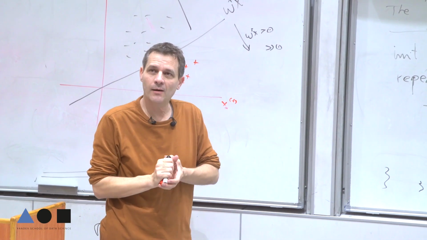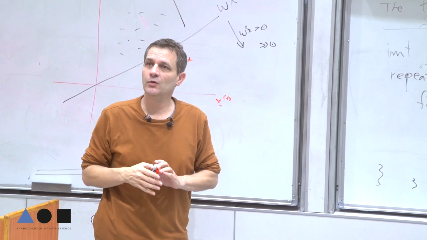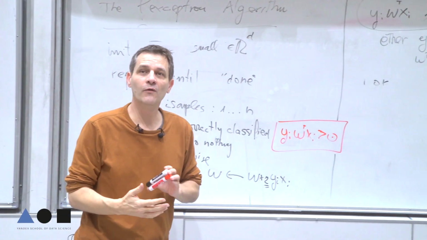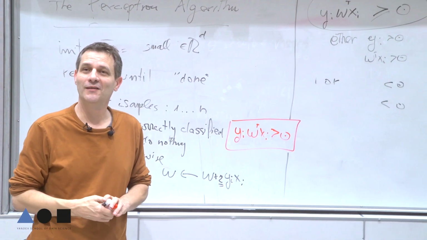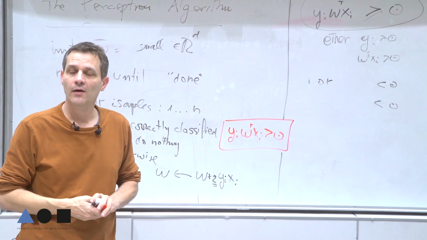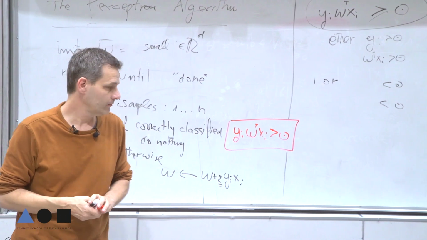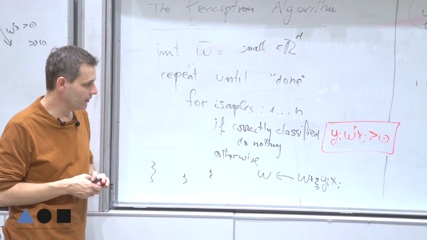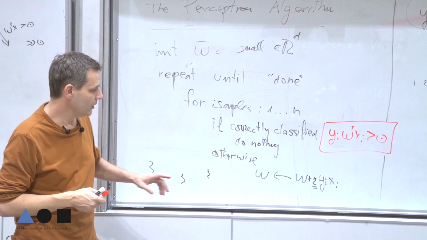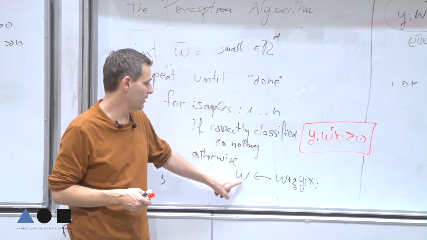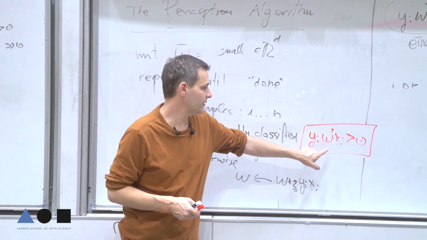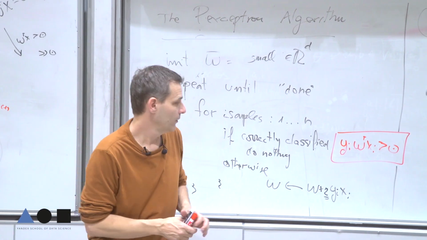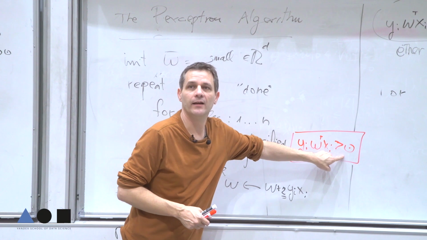Actually, there is a geometric intuition that I can explain. I don't know if this is why Rosenblatt devised the algorithm this way, but one intuition is the following. Let's say you have a w, and you have this sample x_i, and it's not correctly classified, so this product is negative.